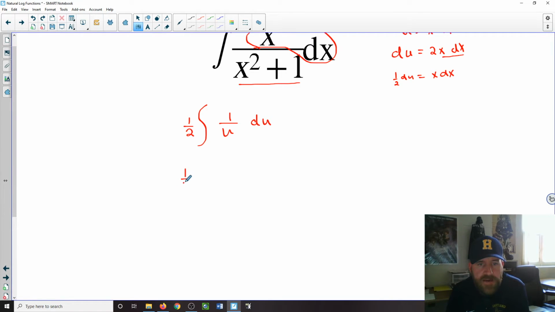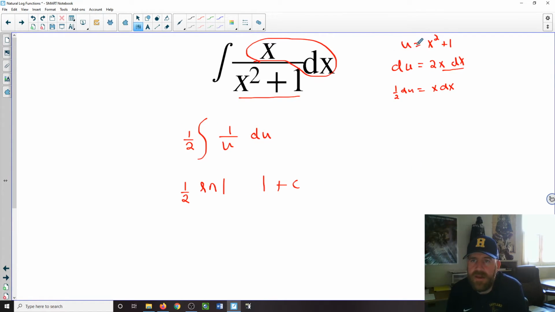So we have 1/2 ln of the absolute value of u, plus c. We have to sub back in the u value that we started with, and we get 1/2 the natural log of the absolute value of x squared plus 1, plus c.